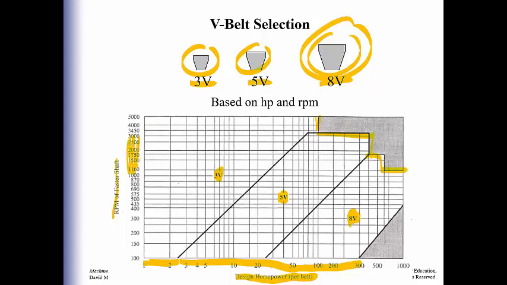But you notice the 8V most definitely gets you to the farther reaches of your horsepower to your 1,000 here, but using a certain range of RPM for that. So you could consult this depending upon your design horsepower and how much RPM you have to figure out what cross-sectional area you're going to use for your V-belt.